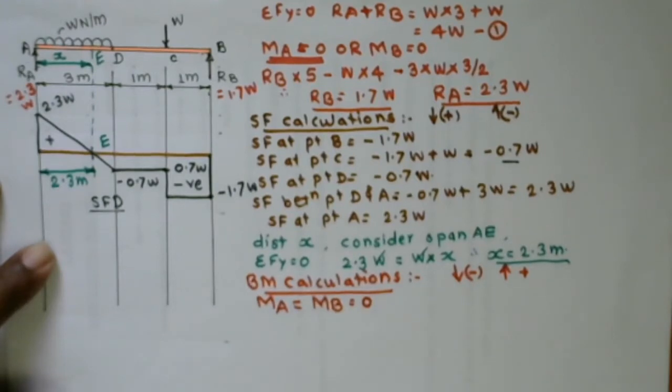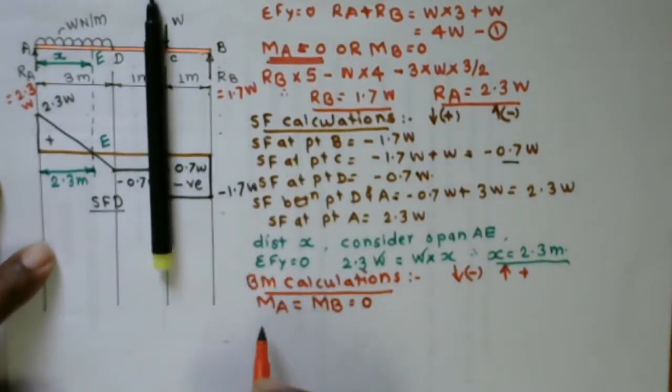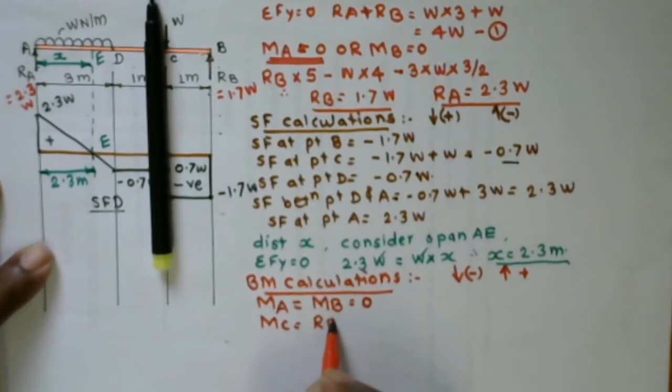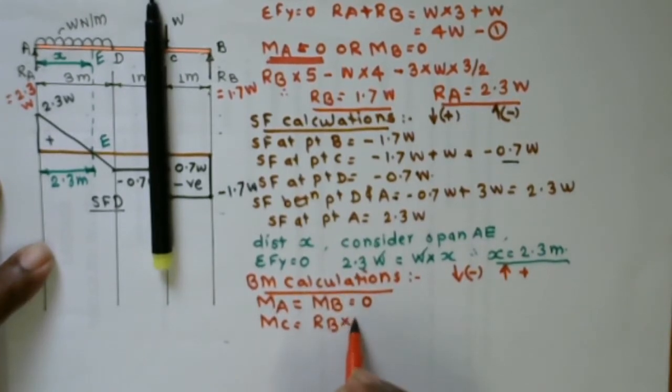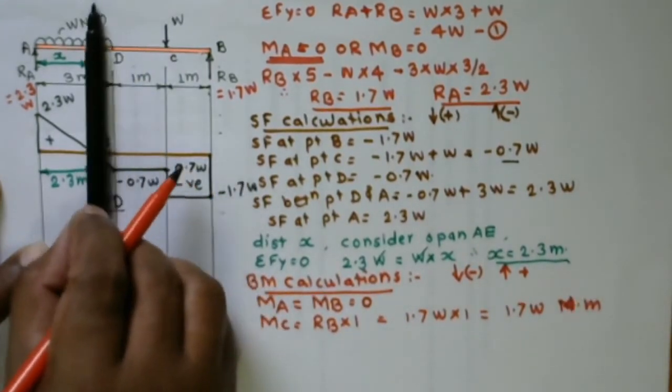Now come to the points at point C. So bending moment at point C, we have to consider the right hand side only. RB is going upward side, so plus sign will be there. So RB into its distance up to the point C is 1. So RB 1.7 W into 1 is equal to 1.7 W Newton meter.